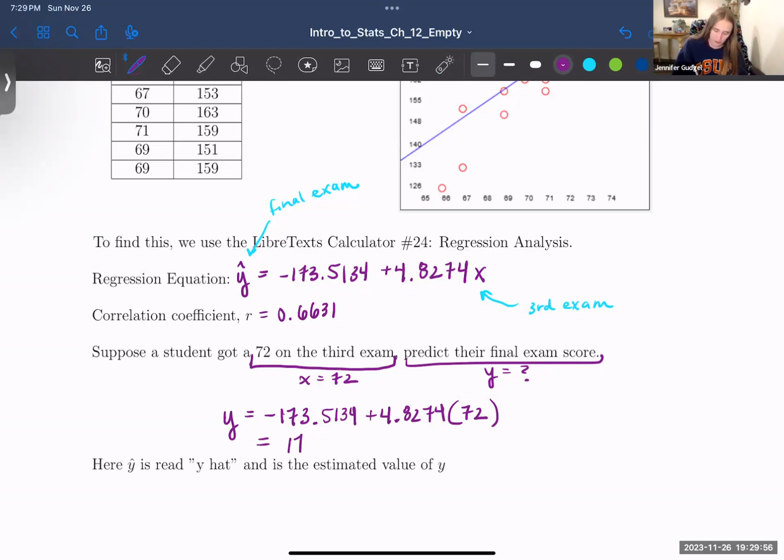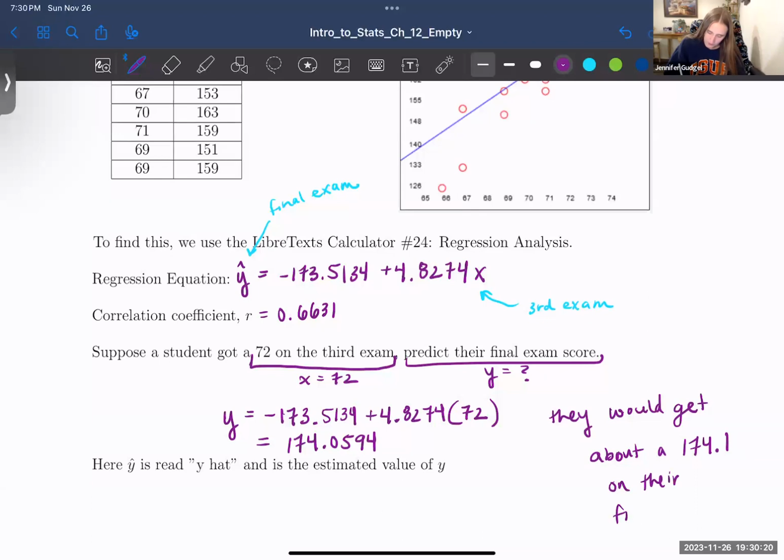You should get 174.0594. They would get about a 174.1. We'll just do one decimal place on their final exam.